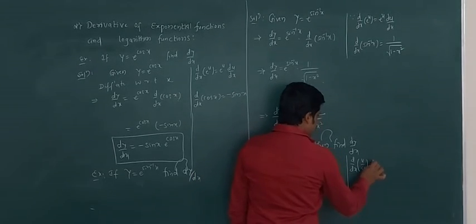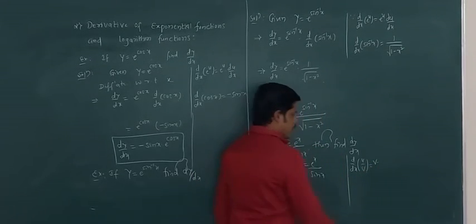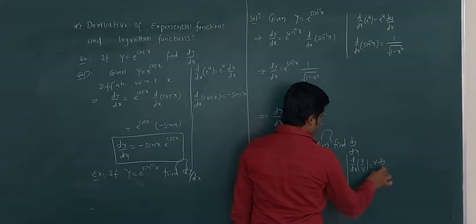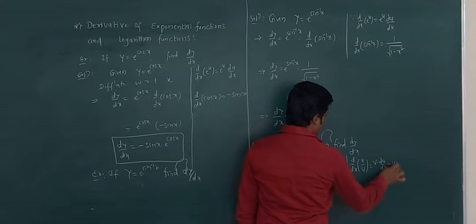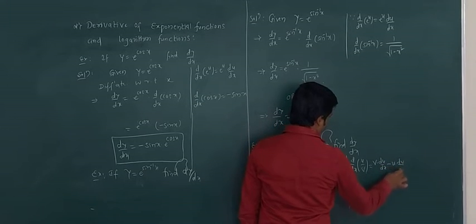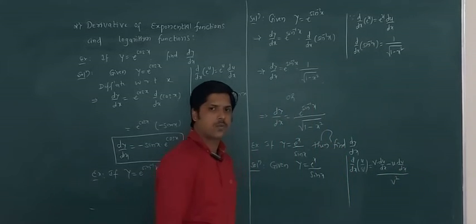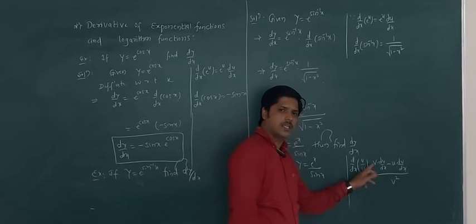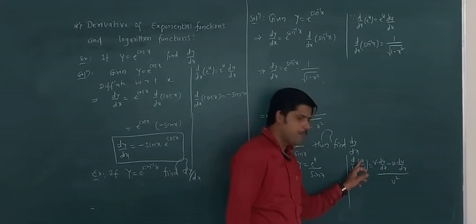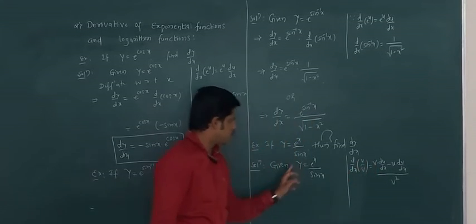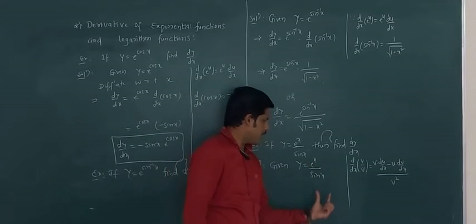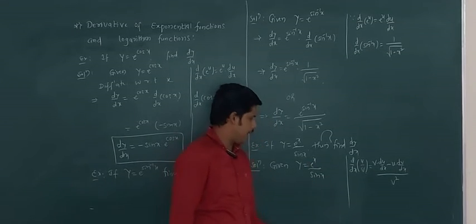this is equal to second function constant, differentiation of the first function, that is du by dx, minus first function constant, differentiation of the second function, divided by v square. This is the function square, that is the second function. Here second function is v and first function is u. By comparing these two, here first function is e to the power x, second function is sin x.